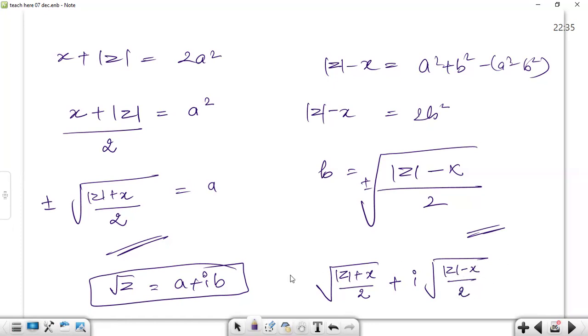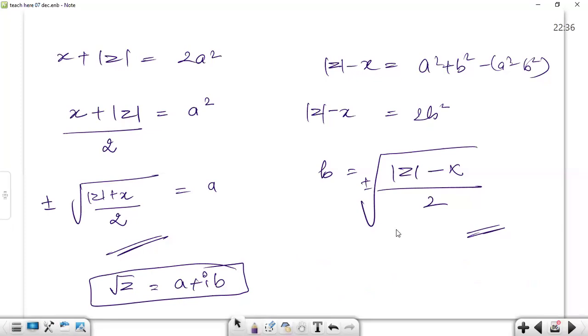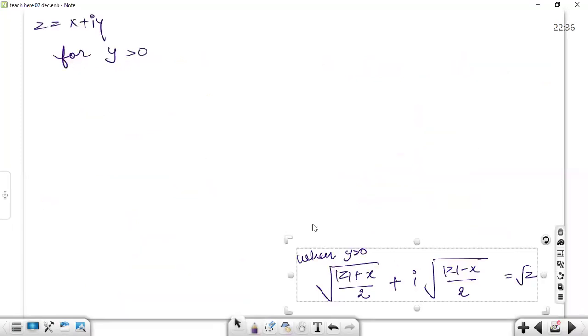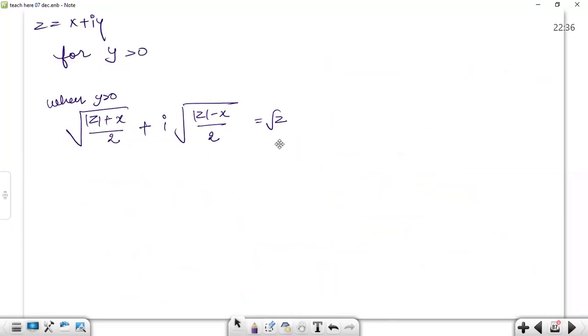This will be the square root of z when y is positive. So any doubts, anyone? No, sir.